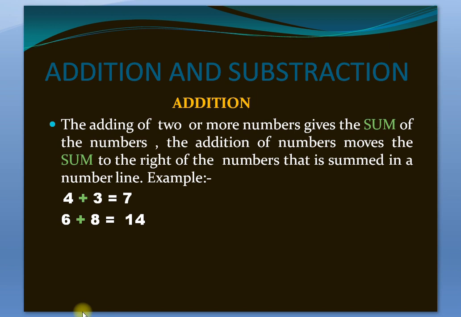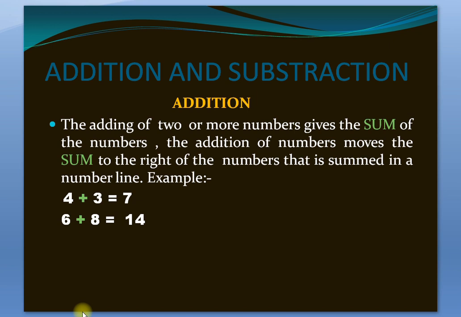Starting with addition, we say that addition of two numbers gives rise to the sum. If you add two or more numbers, the total of any amount of numbers you add up will give you the sum.